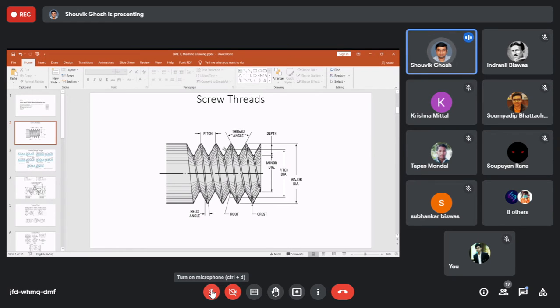So in that scenario, you are transmitting the axial rotation of the screw into a translational motion for the carriage, right?